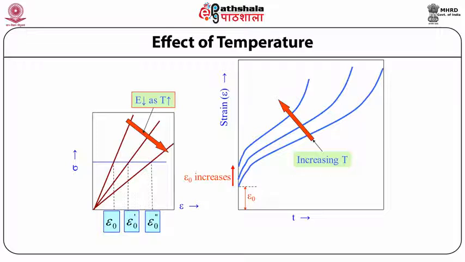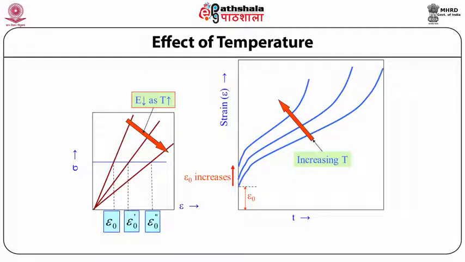We can see that E is decreasing as the temperature is increasing, and the point at which it cuts the axis is called epsilon naught for the first curve, epsilon naught prime for the second curve, and epsilon naught double prime for the third curve.